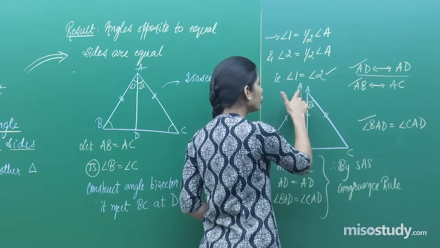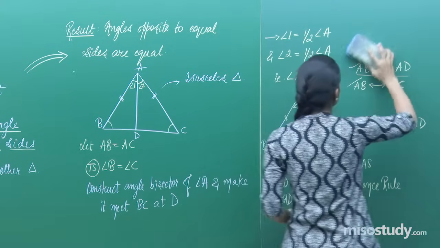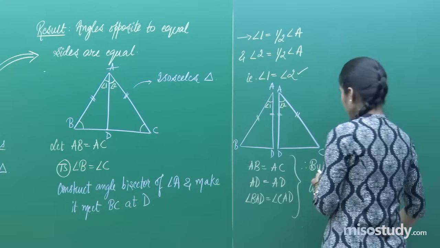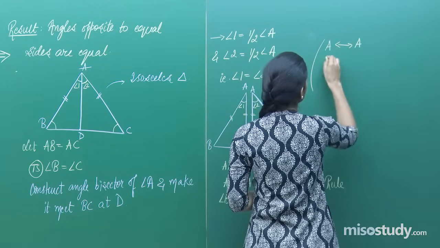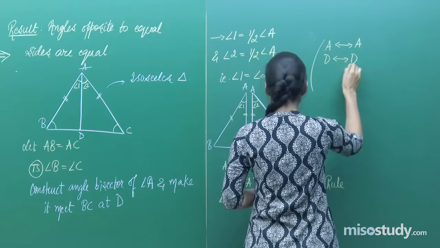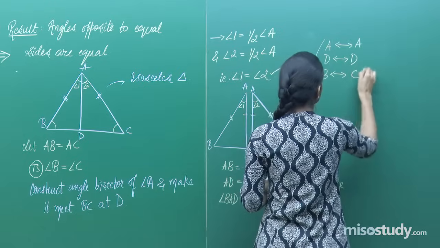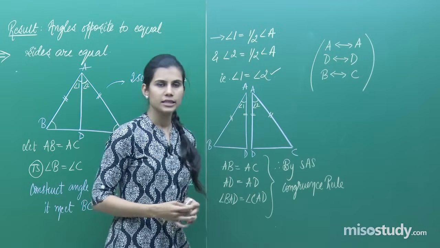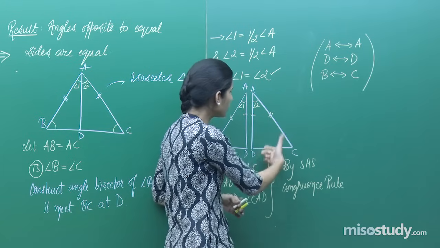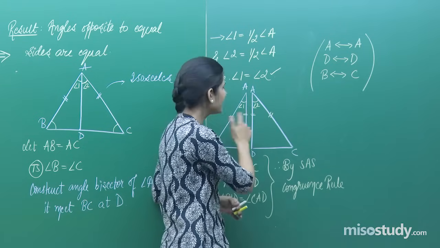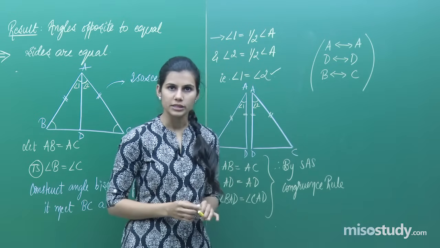For AD to cover AD, A should fall over A, D should fall over D, and therefore C should fall over B. So from here I have this correspondence between vertices, and B is corresponding to C. If with this correspondence between vertices I superimpose one triangle over the other, I will be getting them exactly covering each other because they are coming out to be congruent.